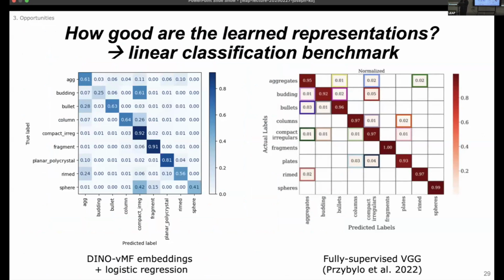As a first pass, we see that they're doing pretty well at learning representations compared to the state of the art on the right, where they use a fully supervised approach. We don't expect this to perform as well as the supervised approach because the goal is not to do supervised classification. This is just verification that the model is learning a representation that is meaningful.